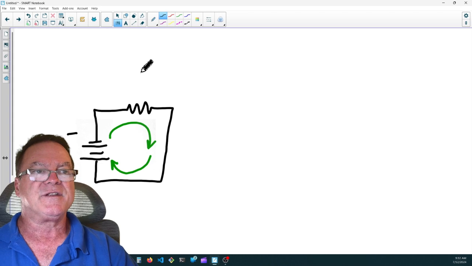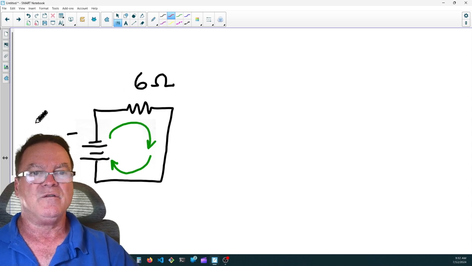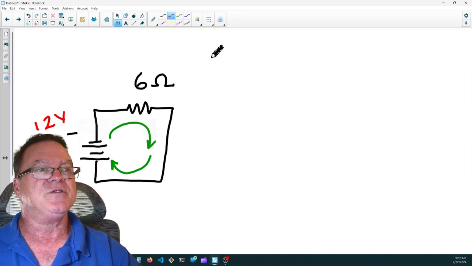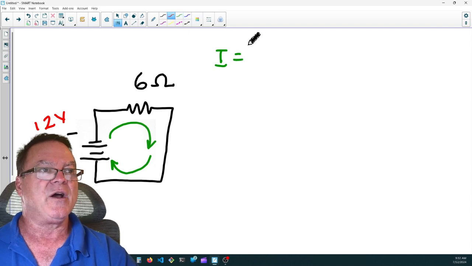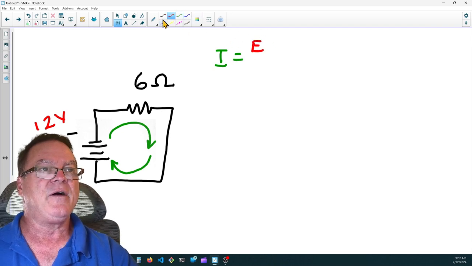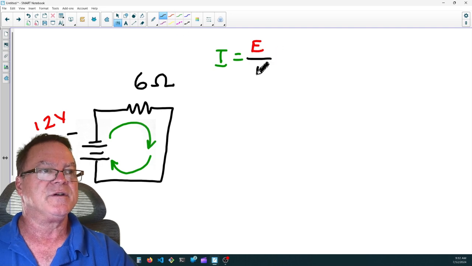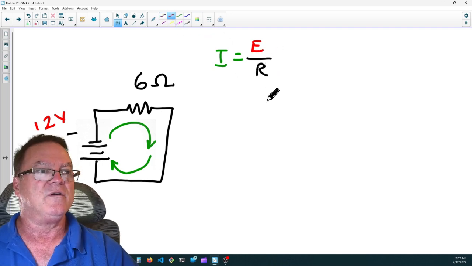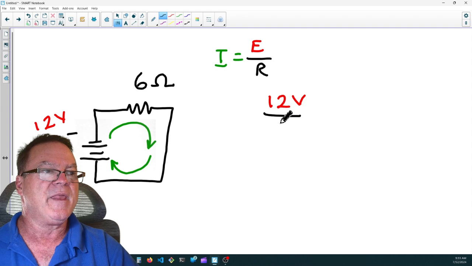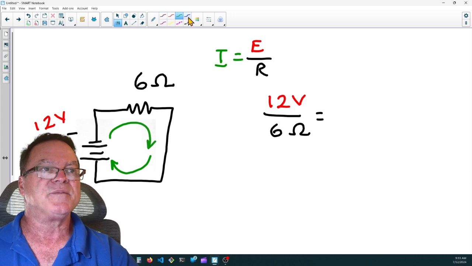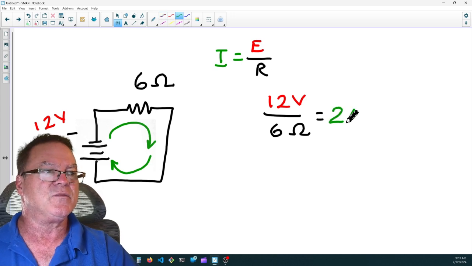So if I said I have 6 ohms of resistance and I have 12 volts of electrical pressure, I can use Ohm's law that states I equals E divided by R. And I can calculate the current in this circuit. So we have 12 volts divided by 6 ohms, and we would end up getting 2 amps. 12 divided by 6 equals 2.